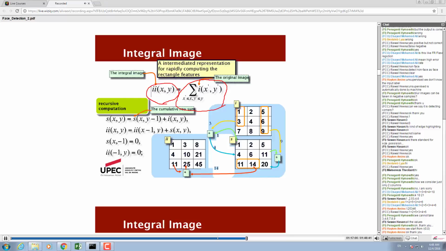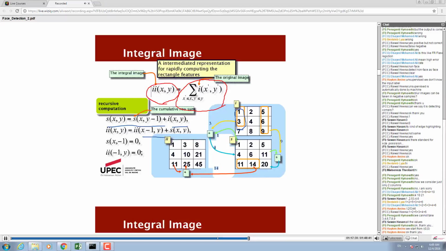When you are implementing this integral image calculation, the grayscale original image is given, and from it you have to calculate the integral image. In terms of algorithm, we can use this kind of recursive computation. It is very straightforward. Firstly, we accumulate the rows: s(x, y) equals s(x, y minus 1) plus the current i(x, y).